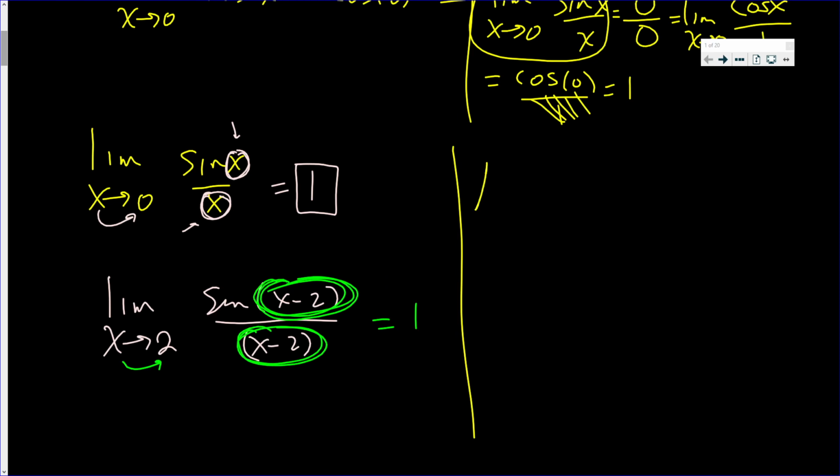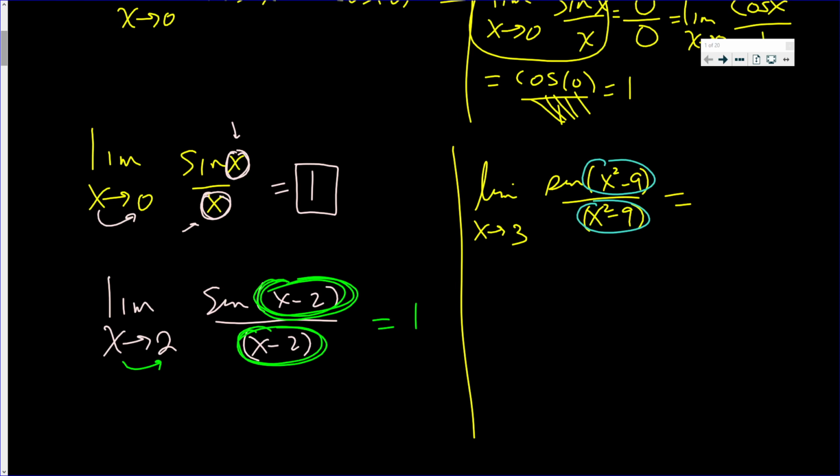If you have the limit as x goes to 3 of the sine of x squared minus 9 all over x squared minus 9, this is a good candidate to ask if it equals 1, because I'm taking the sine of this and I'm dividing by the same thing as what I was taking the sine of.